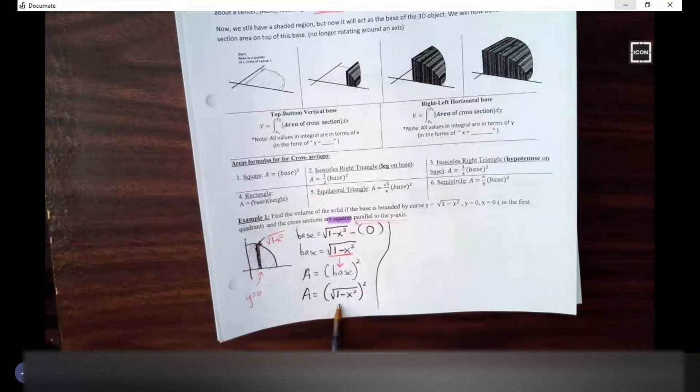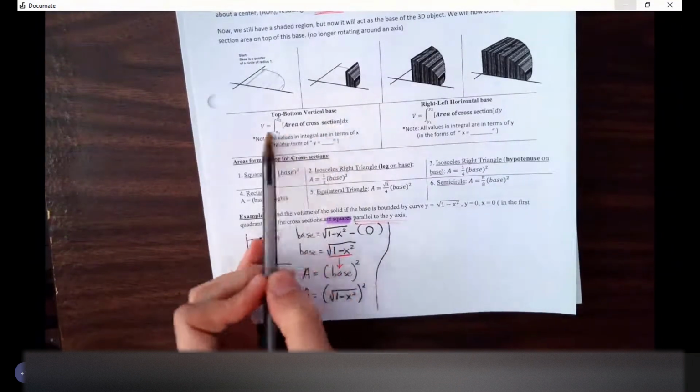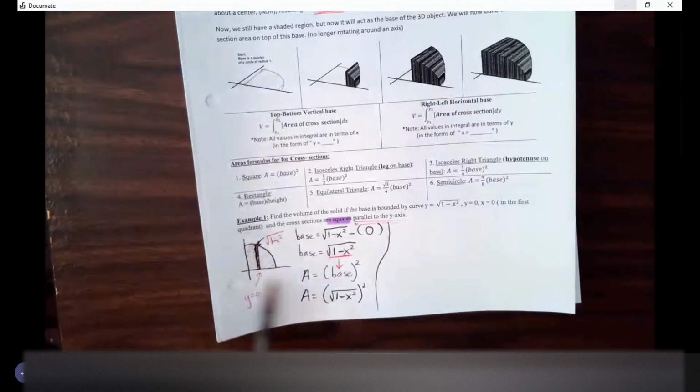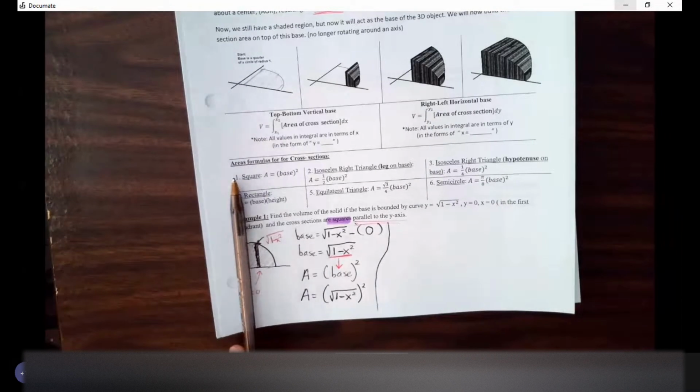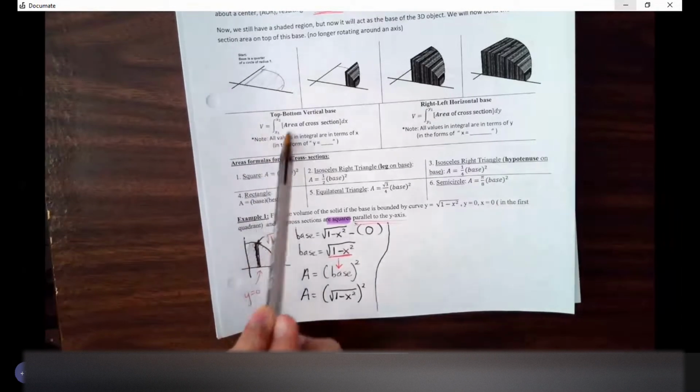All right, now I have my area, and now I'm just going to insert it into my integral, right? Because this will give me one representative area, but I want to accumulate all these squares from one end to the other, and that's where the integral notation is going to come in.